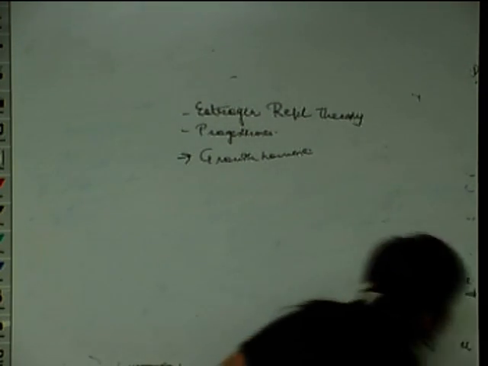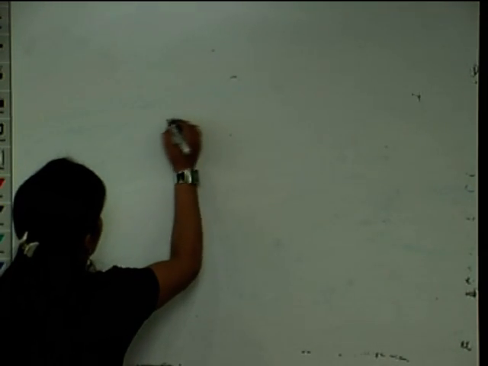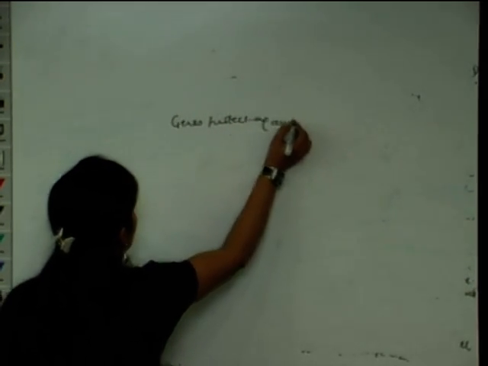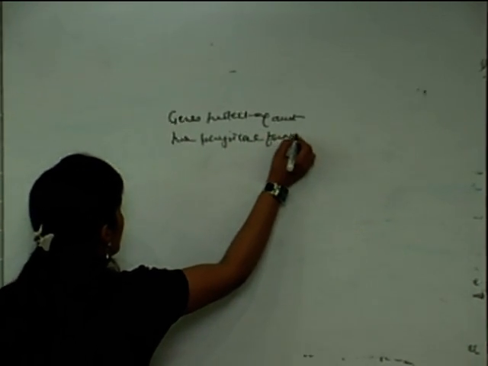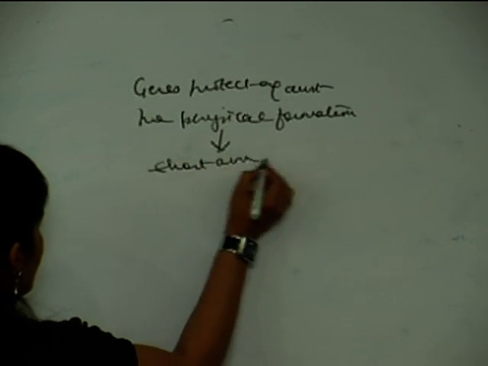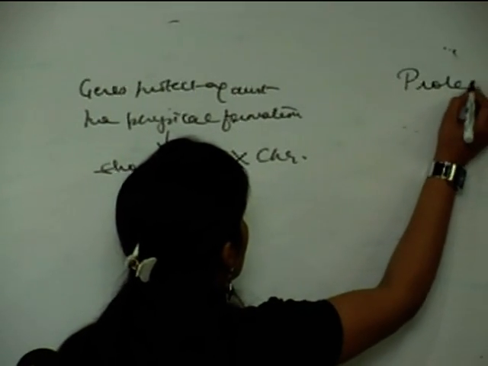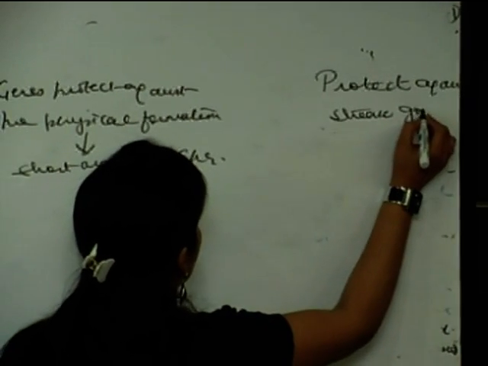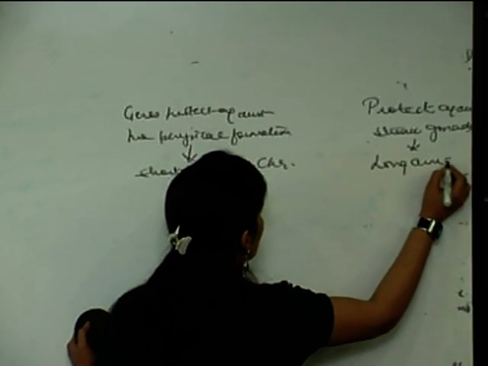Another thing we should remember here is that on the X chromosome, the genes which protect against the physical malformations of Turner are present on the short arm, whereas the genes which protect against streak gonads are present on the long arm.